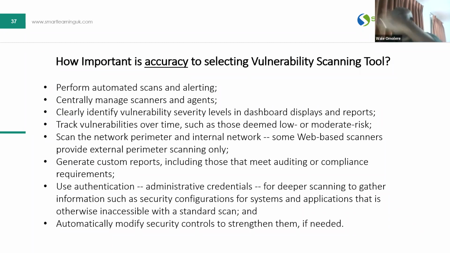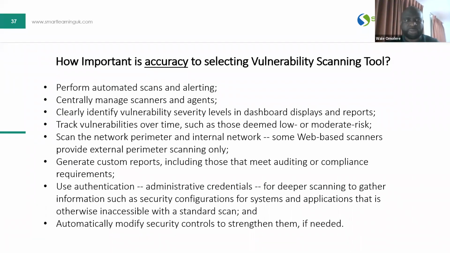The other one is tracking vulnerabilities over time, such as those deemed low or moderate risk. Again, tracking of vulnerability end to end is where vulnerability management will come in. You could list all of these nice criteria upon which you want to decide which vendor or which product you want to buy. But more importantly, this is where I'm going.